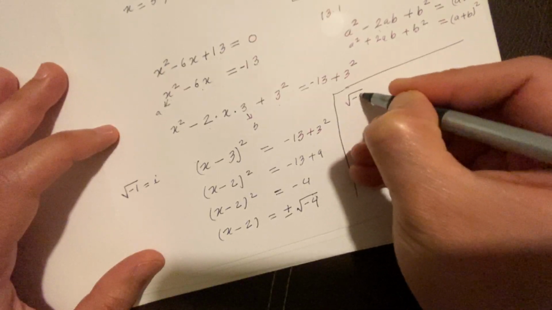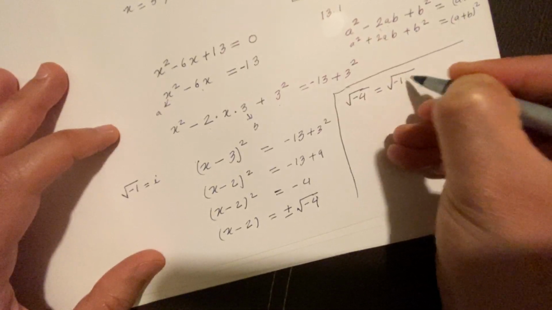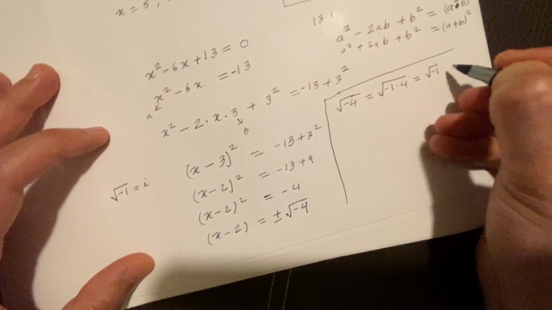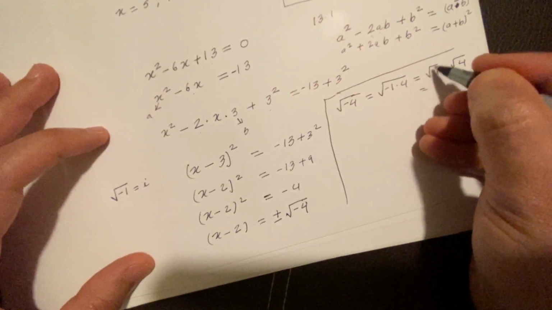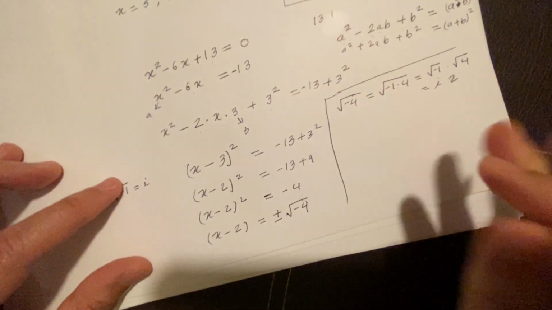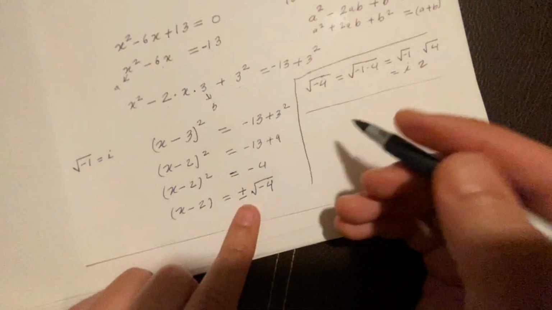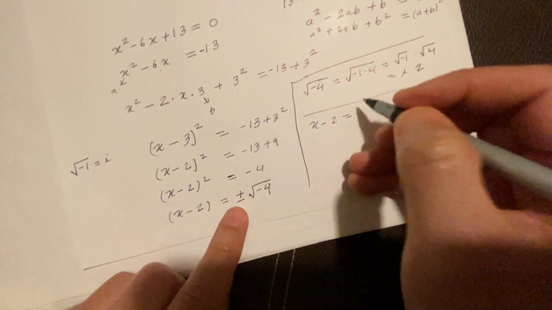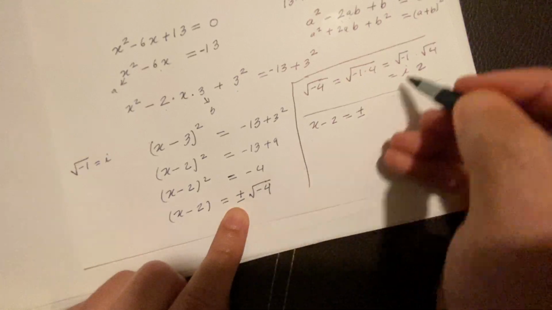The square root of negative 4 is the square root of negative 1 times 4, which is also the square root of negative 1 times the square root of 4. So the square root of negative 1 is i, and the square root of 4 is 2. So 2i, right? So that means from here we can say x minus 3 is equal to, still have this plus minus, 2i.